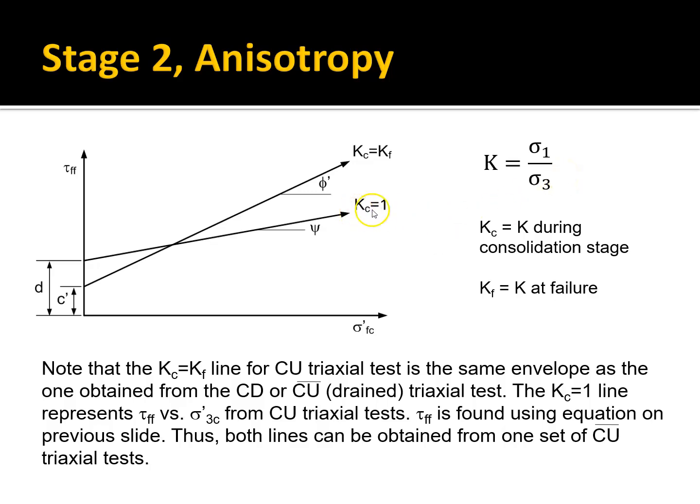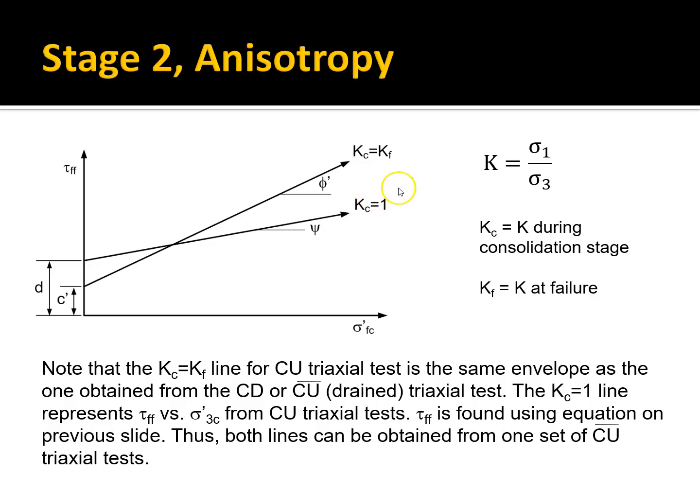And when K is equal to 1, that means sigma 1 is equal to sigma 3. And sometimes when we do an undrained triaxial strength test, during the consolidation stage, we let sigma 1 equal sigma 3. But then, as you apply a deviator stress and sigma 1 becomes greater than sigma 3, eventually you reach failure.